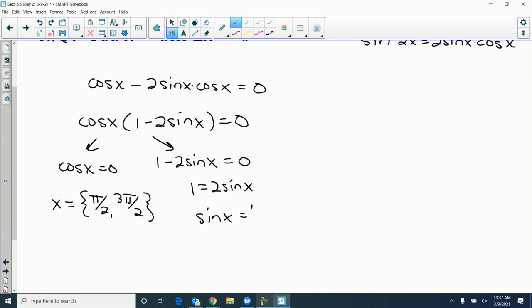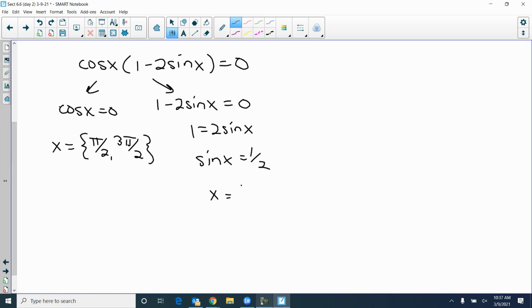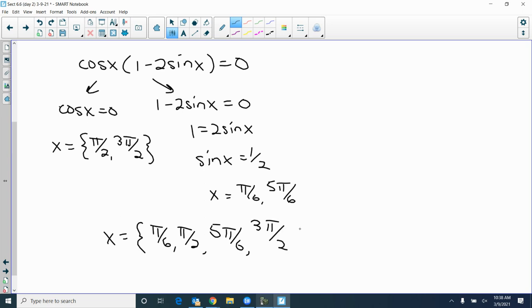Sine of x equals 1/2, which gives me pi over 6 and 5 pi over 6. And then technically I should list them all together: pi over 6, pi over 2, 5 pi over 6, and 3 pi over 2.